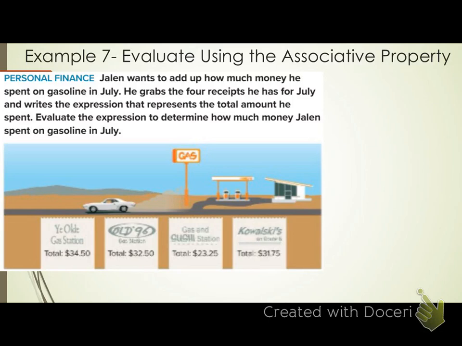So, what's the first amount? $34.50. We said we're adding, so plus $32.50 plus $23.25. I'm going to move that over.